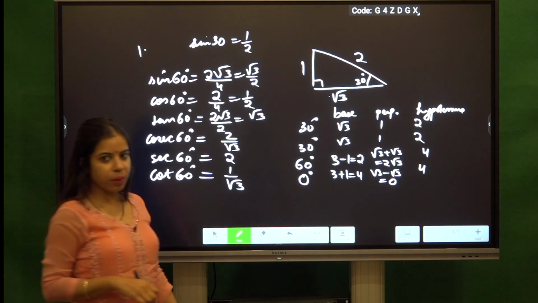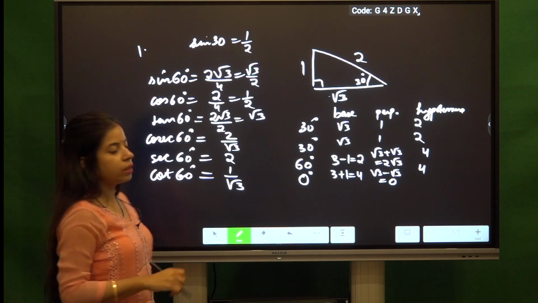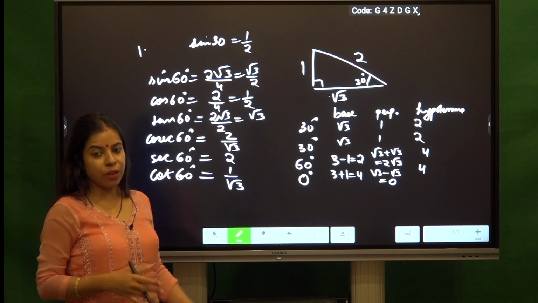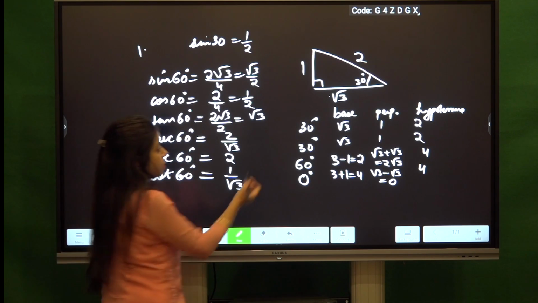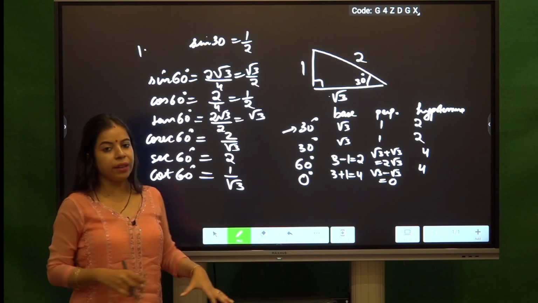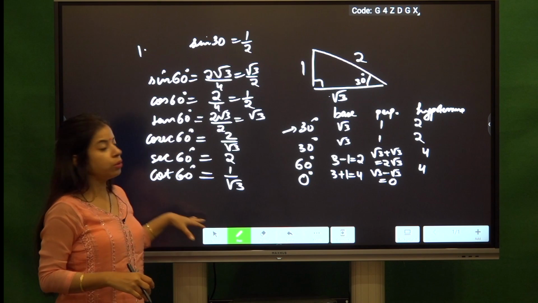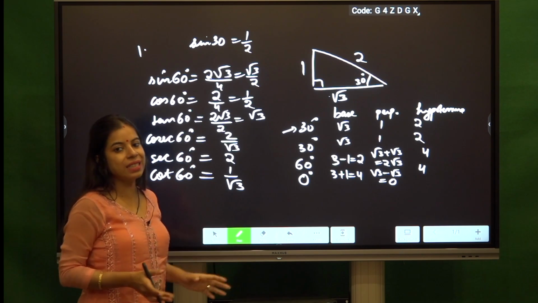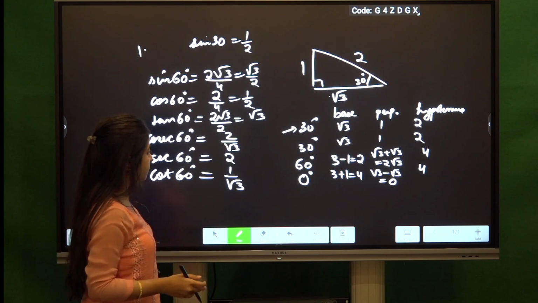So in this manner we can calculate all the 6 trigonometric ratios, not the remaining, because 30 was given, and using the technique, we found out the values at 60-degree angle. Okay.